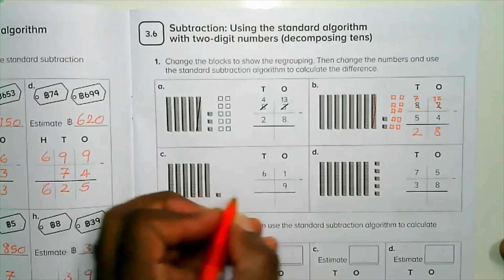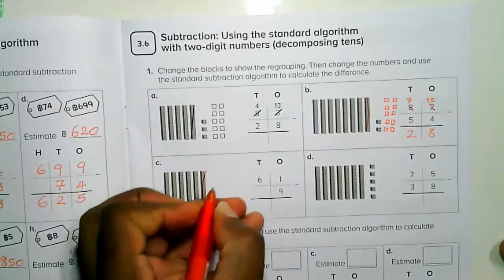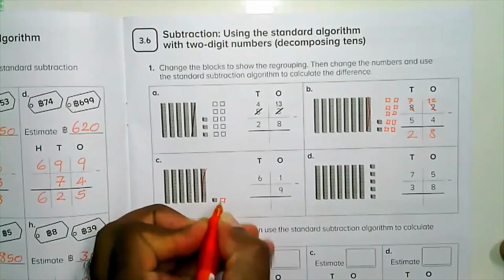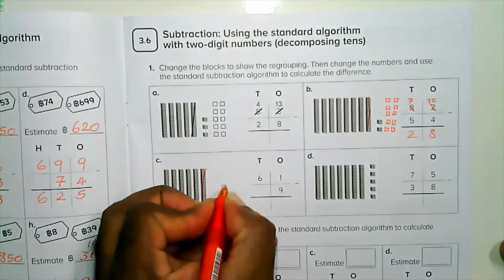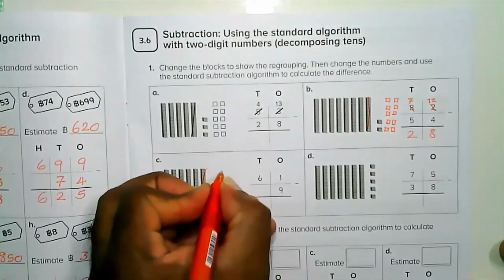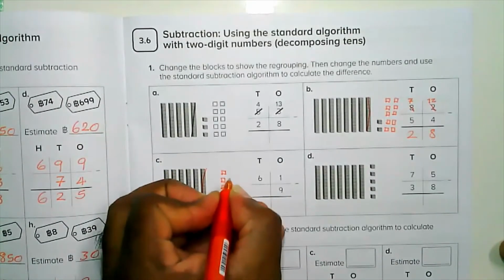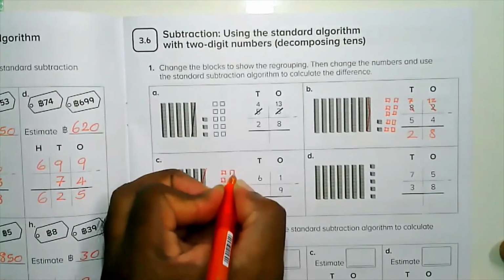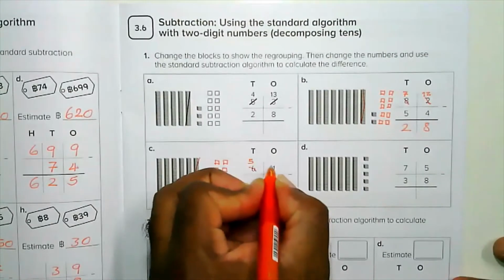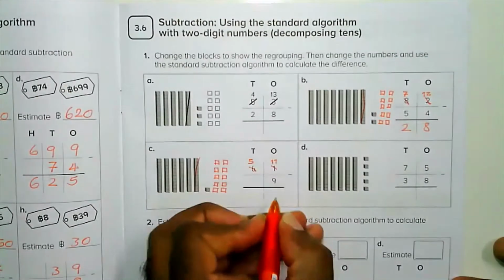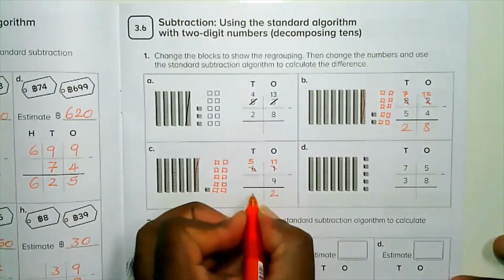And here, we cancel this, make it 10 ones. Eleven minus 9 will be 2. 5 minus 0, 5.